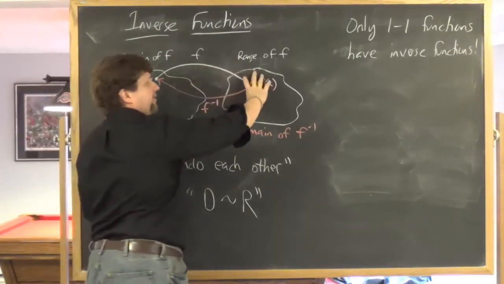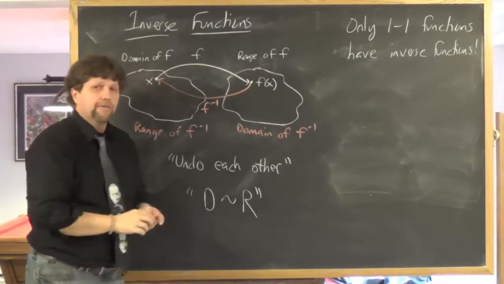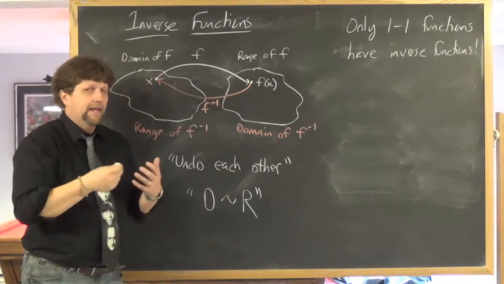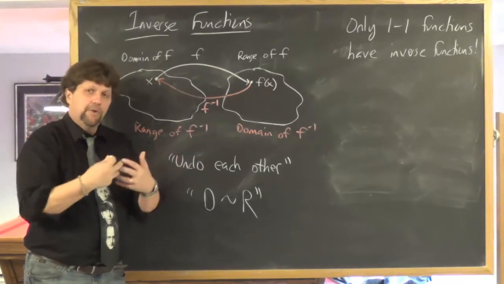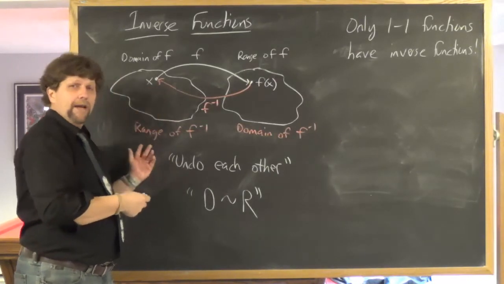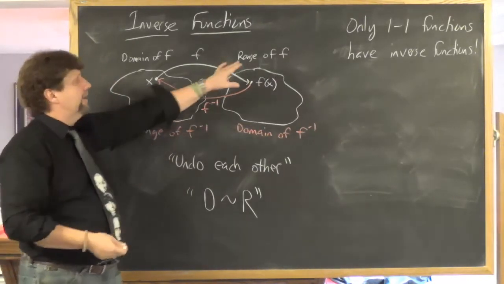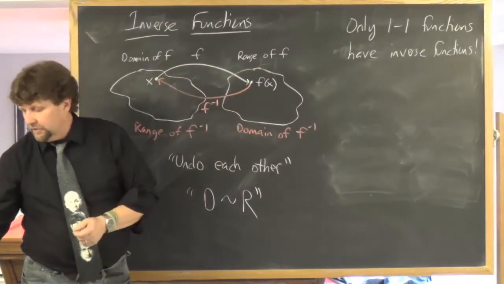The range of the function must equal exactly the domain of the inverse function. That has to be true. So a function and its inverse function undo each other, and the domain of the function equals the range of its inverse function. The range of the function equals the domain of its inverse function.